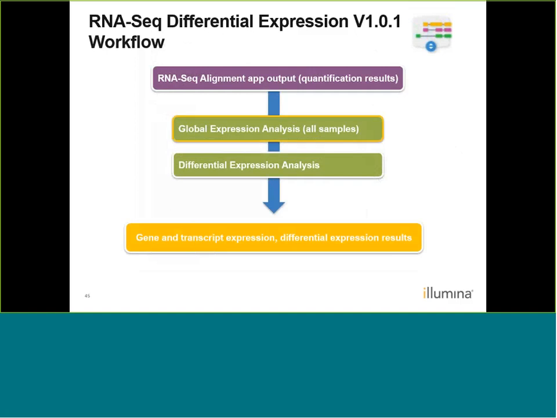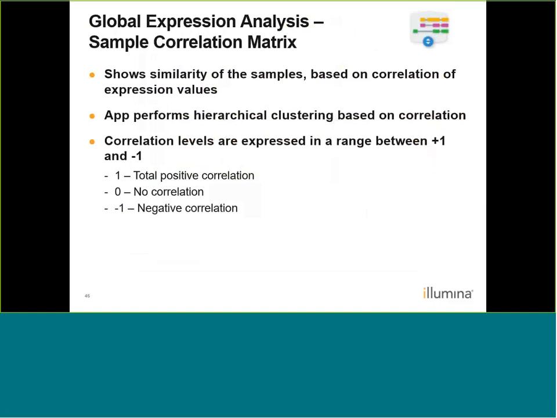Okay, so let's look at global expression analysis and what our output files are going to be. Here what we're mainly going to generate are the sample correlation matrix and the PCA plot. Let's talk about the sample correlation matrix. Here we show the similarity of the samples based on correlation of the expression values.